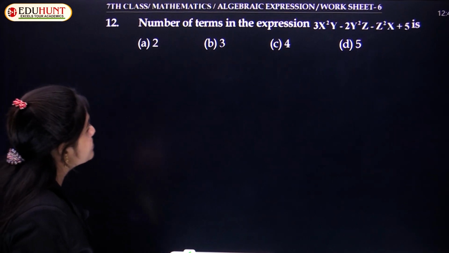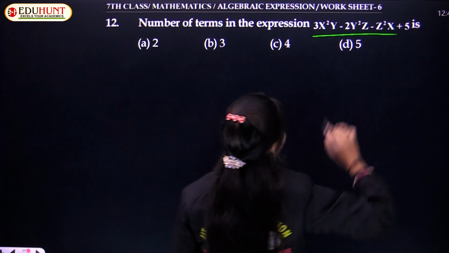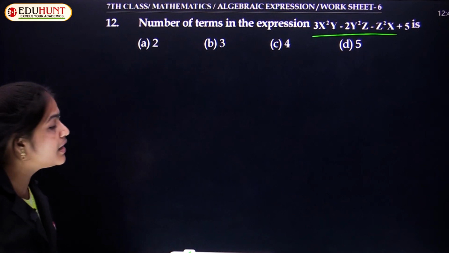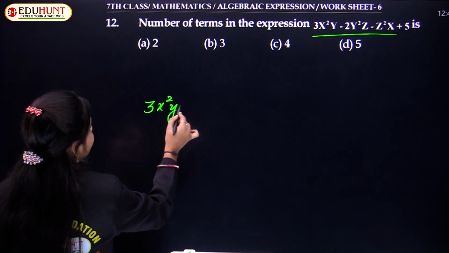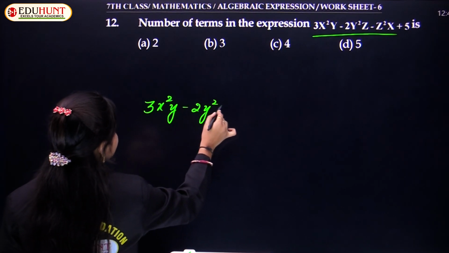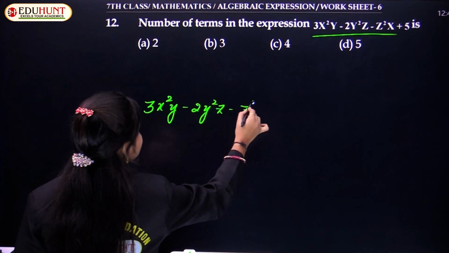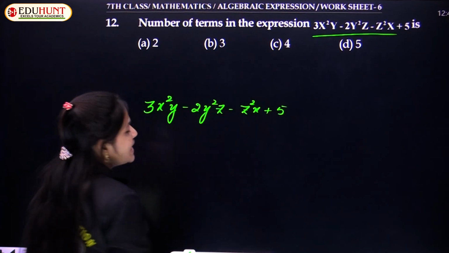Next, the number of terms in the expression. First we have to simplify the expression, later we can say how many terms there are. The expression is 3x square y minus 2y square z minus z square x plus 5. Are there any like terms?